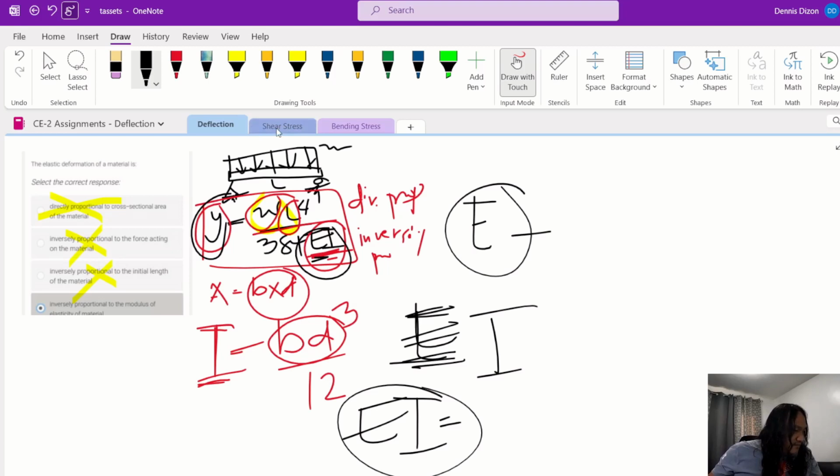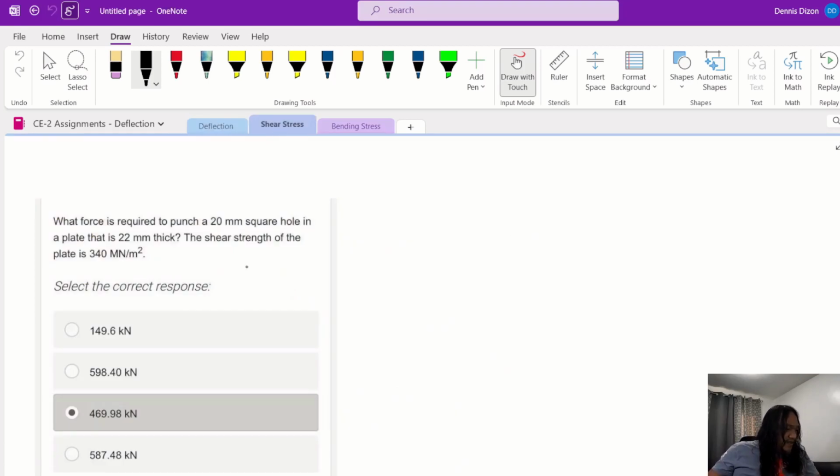So the next one, it says here, is it clear? So the next question, he already answered this one. His answer is letter C, the third one. The question is, what force is required to punch a 20 millimeter square hole?